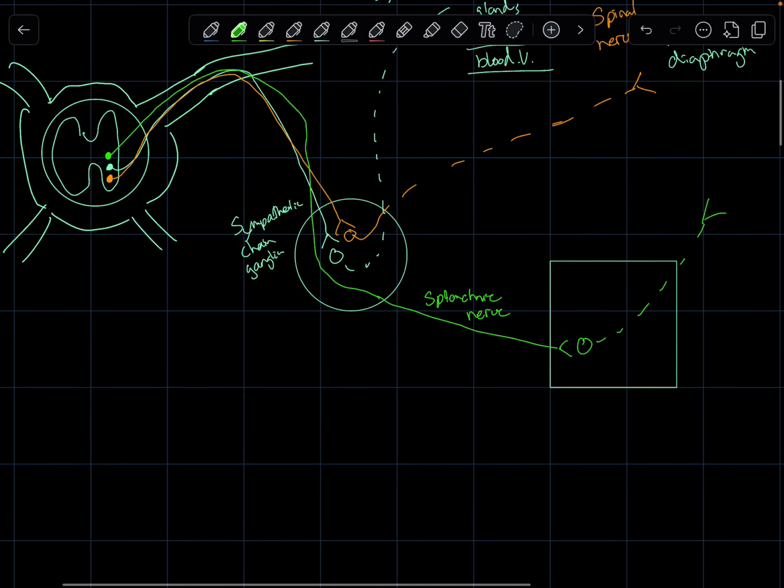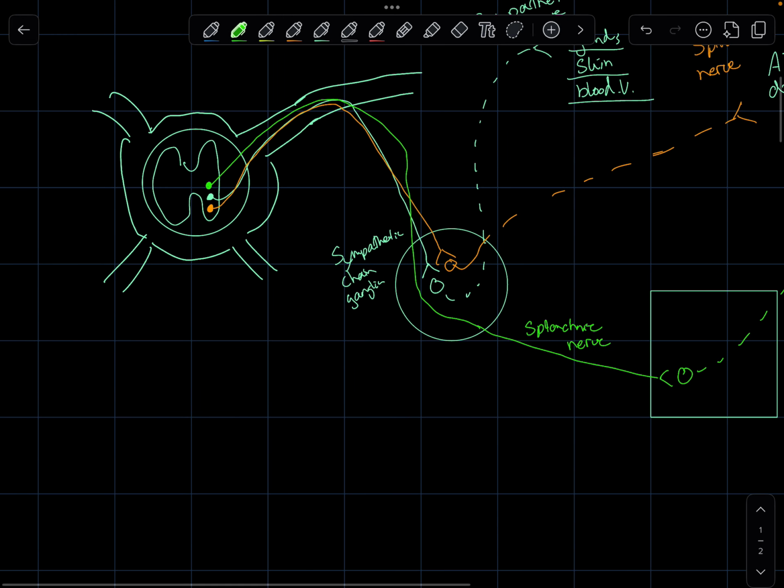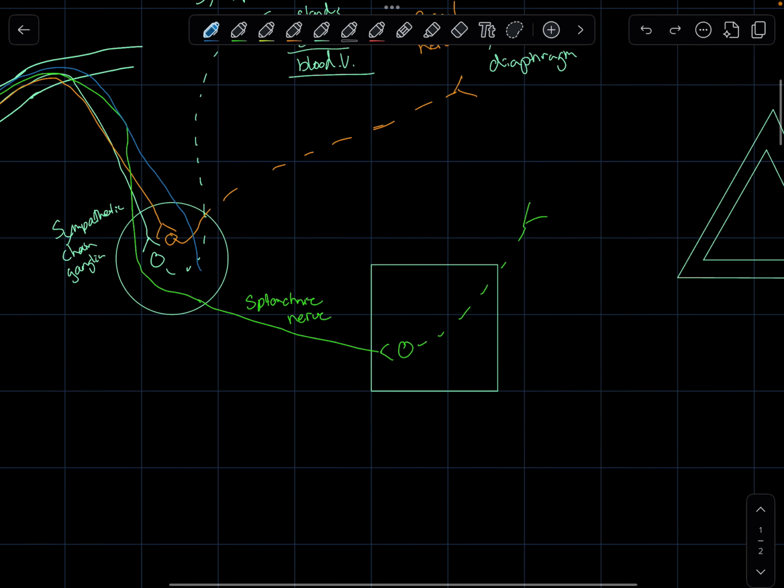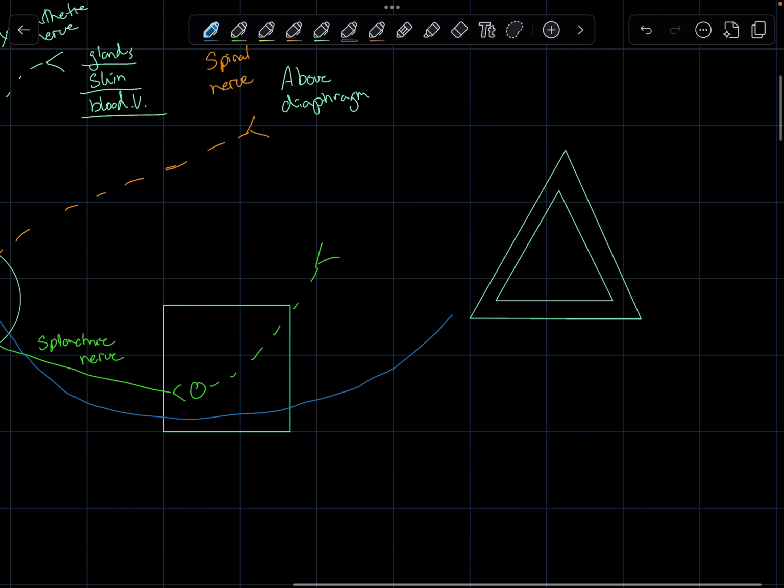This next one, and this is all in the dorsal root, even though I'm not really doing a very good job drawing that. It's not going to synapse. It's going to go through the sympathetic chain ganglion, through the collateral root ganglion, and come to the adrenal medulla.